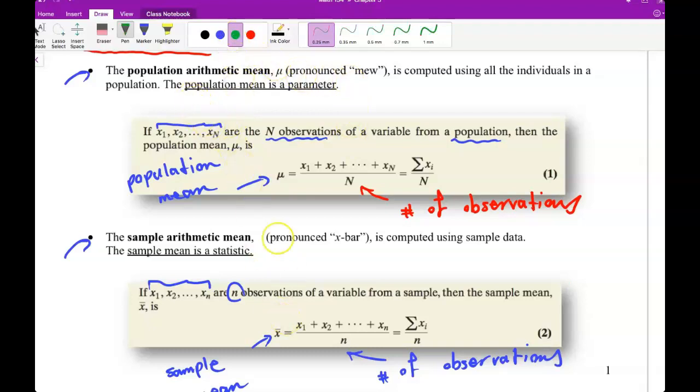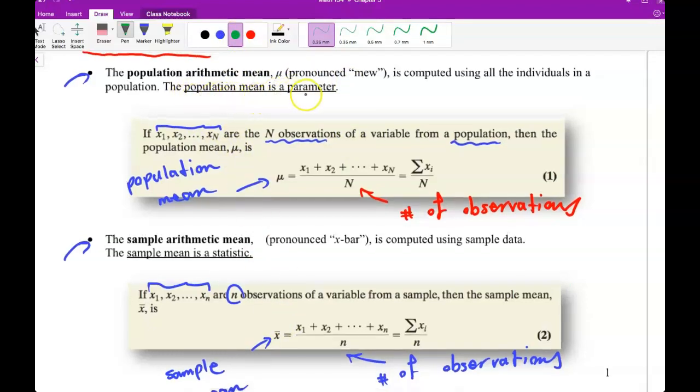One more thing to cover for each one. The population mean is a parameter, and the sample mean is a statistic. A parameter is a numerical summary of a population.